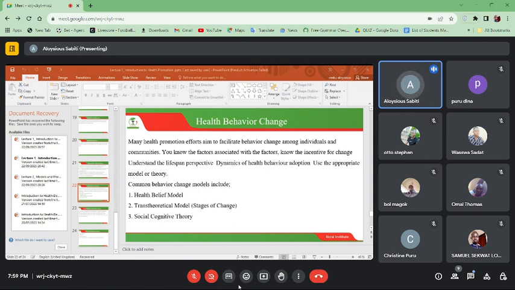Same like individuals who would be practicing heterosexuality, who are heterosexuals, there are chances that their behaviors will be heterosexual.